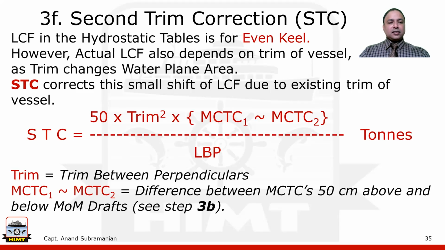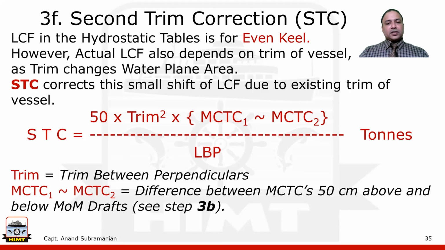The formula goes like this: second trim correction is equal to 50 times the trim squared, again the trim between the perpendiculars, into the difference of MCTC1 and MCTC2. MCTC1 and 2 is the difference between MCTCs 50 centimeters above and below the mean of mean drafts.